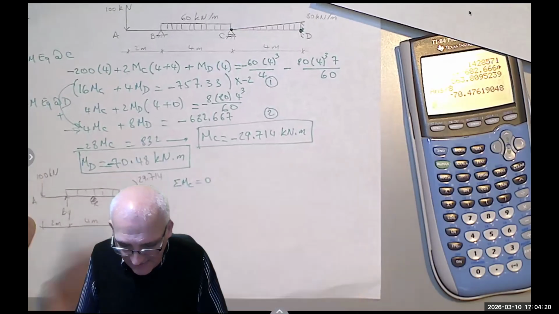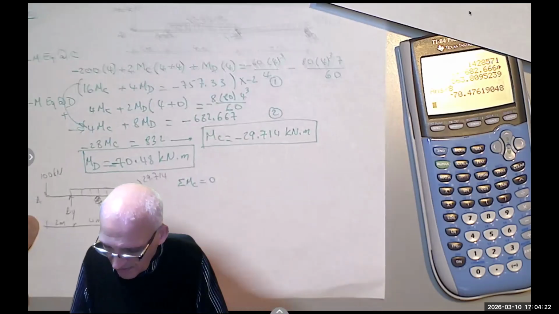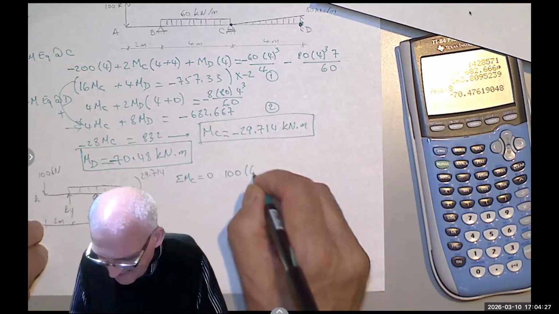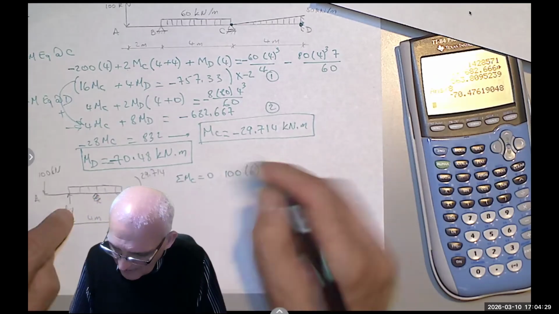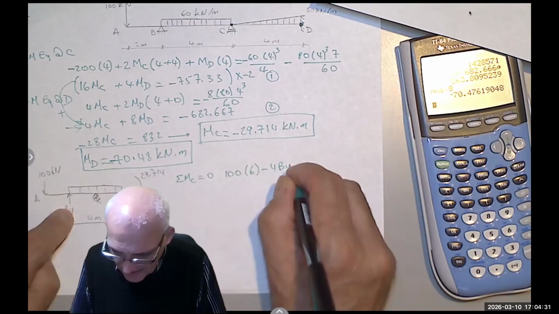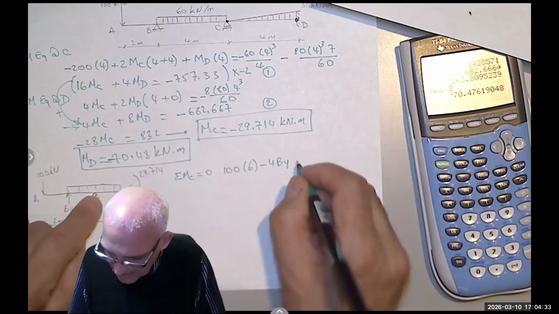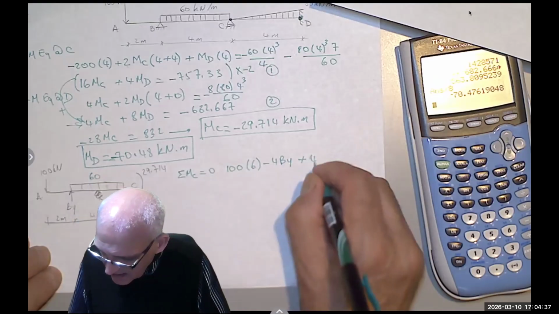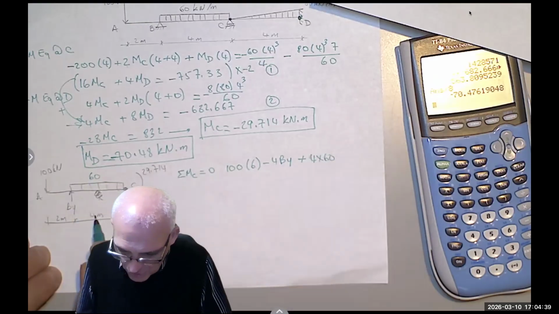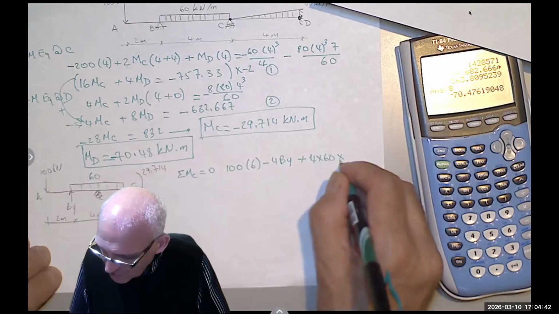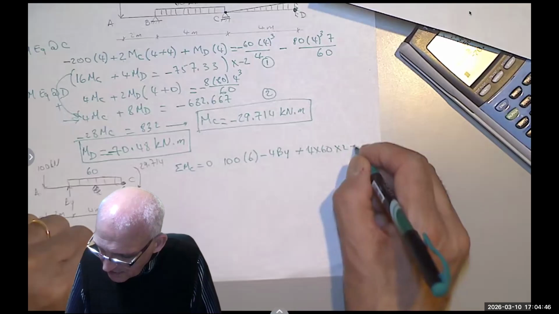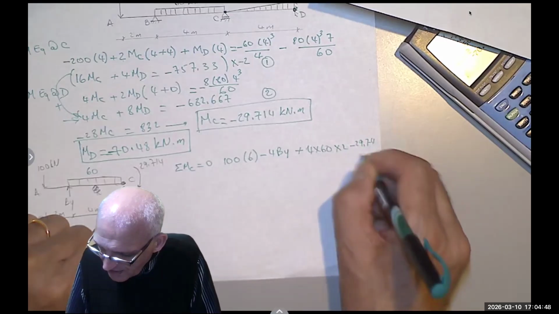I have 100 times 6, which is positive, minus 4 By, which is negative, plus 4 times 60 times 2, which is the distance of the centroid, and finally minus 29.714 equals 0.